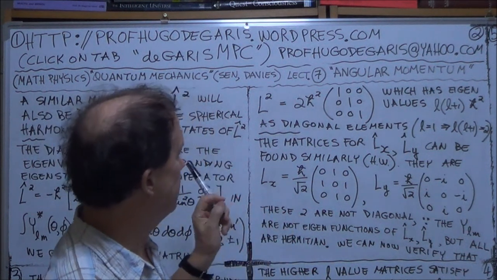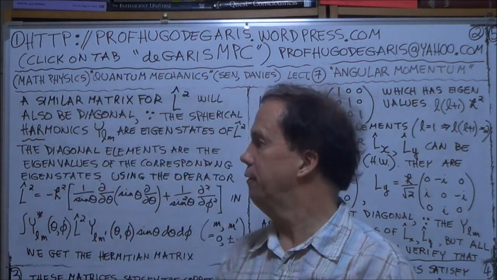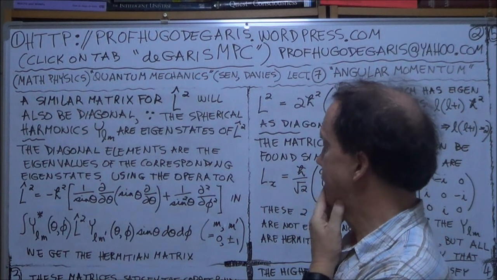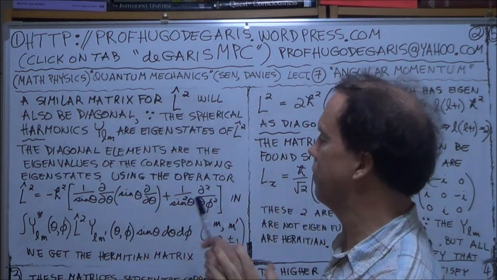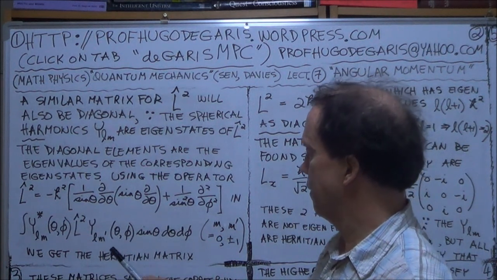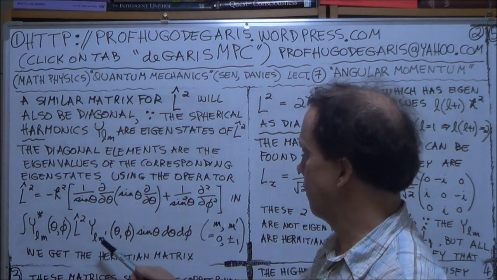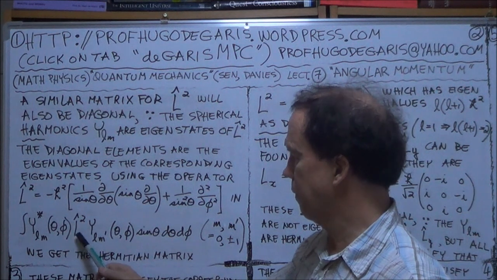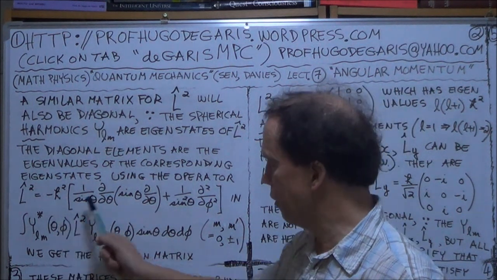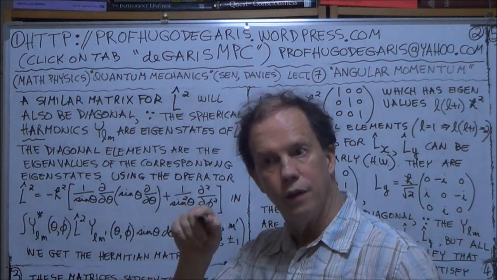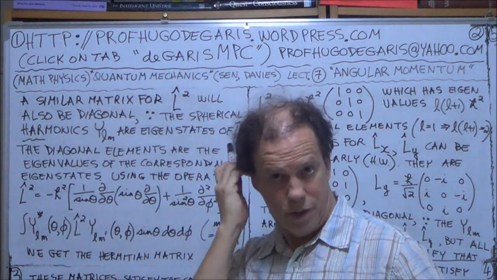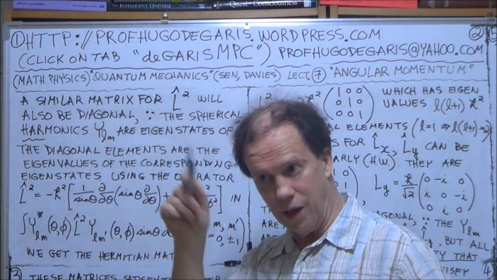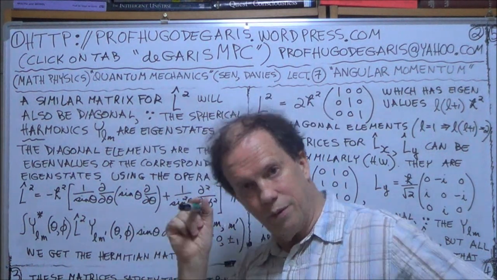Now, you have expressions involving theta and phi for the x component of the angular momentum, Lx. You have another expression from earlier lectures for Ly, the y component of the angular momentum.